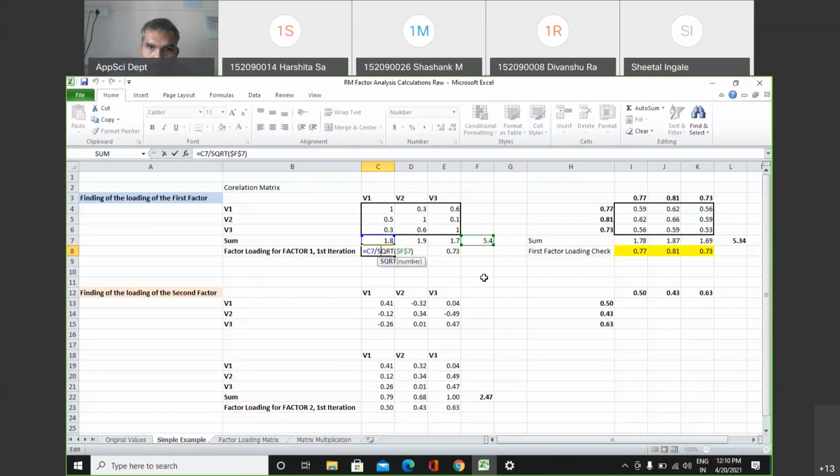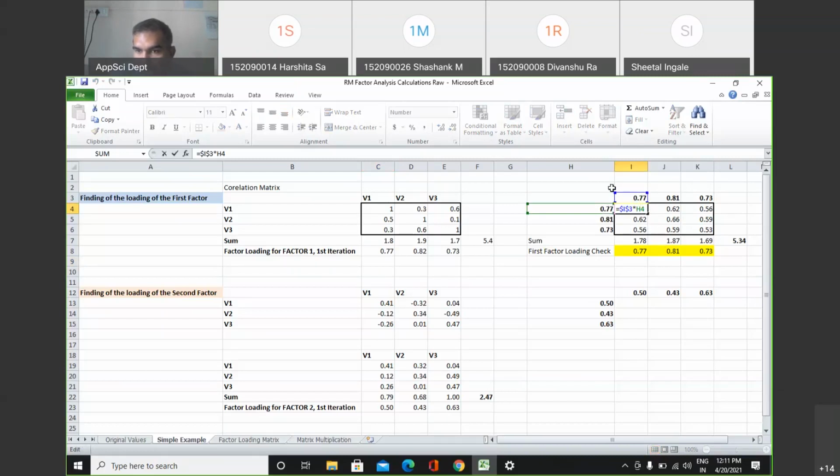So initially we get this factor loading, then we make a matrix out of this factor loading. This will be in rows, this will be in columns, the way it is done here. Then how do we get these?